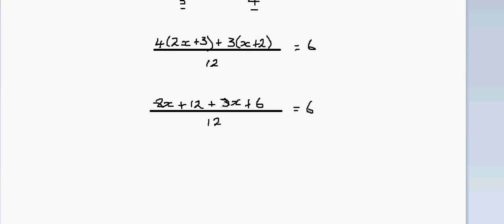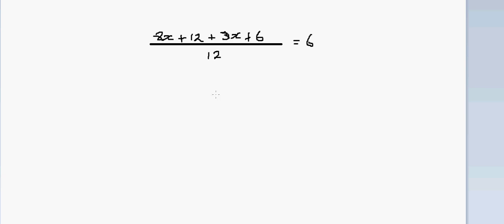So now we can just simplify this out. So we have 8x plus 3x is 11x. 12 plus 6 is 18. And this is still all over 12.